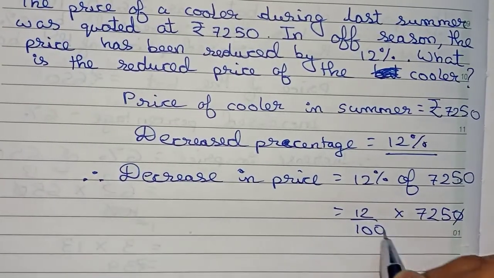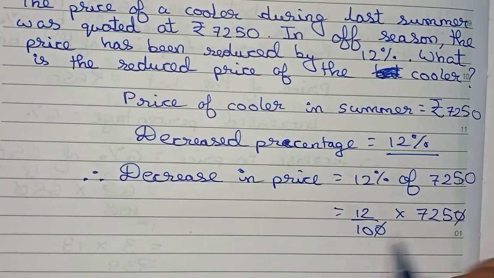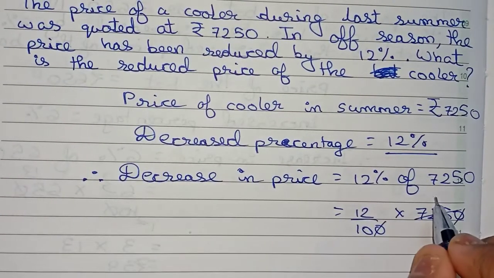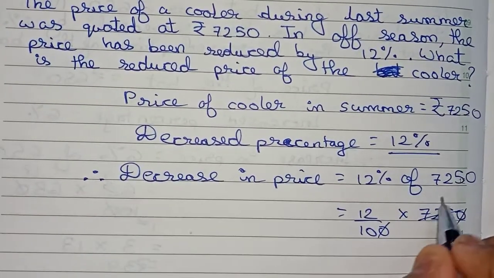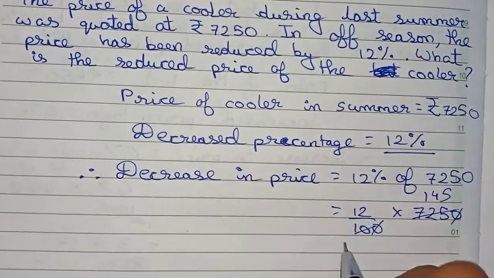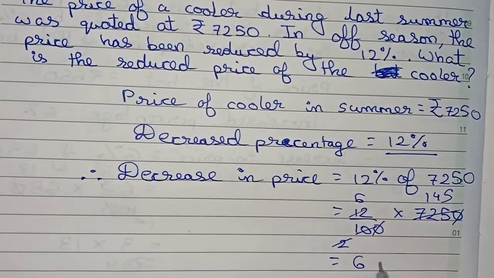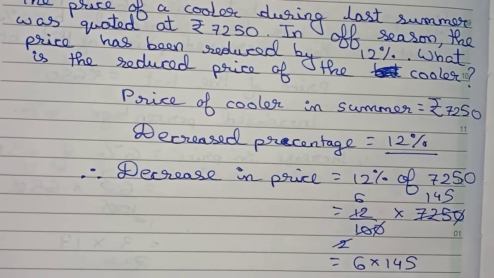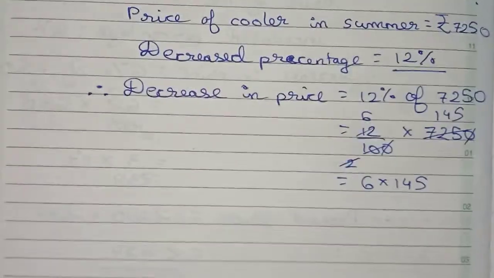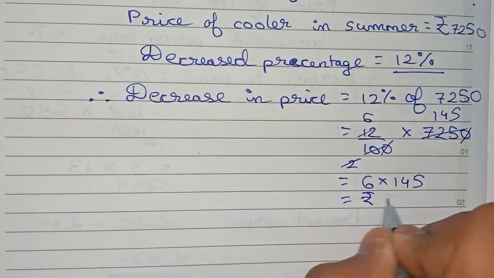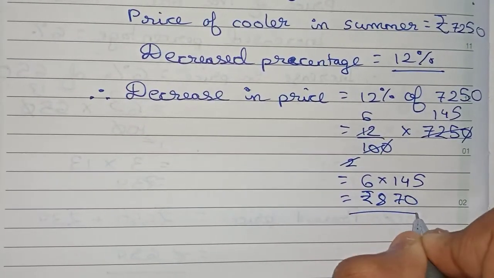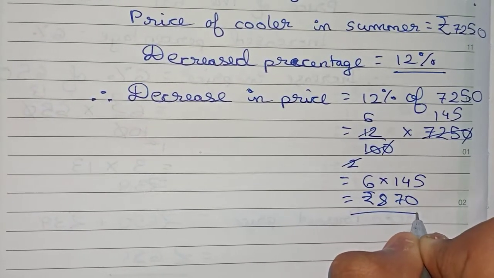So first we cut the zeros. Now I cut 725 and 10 by 5. It will become 145 and it will become 2. So you cut 2 and 12, it becomes 6. So remains 6 into 145, which is equal to rupees 870. Therefore, this much price is reduced from the price of the cooler.